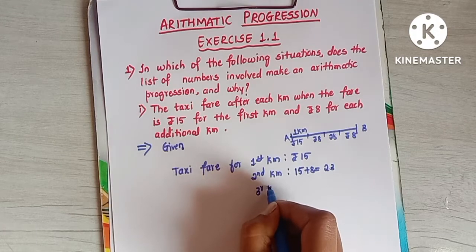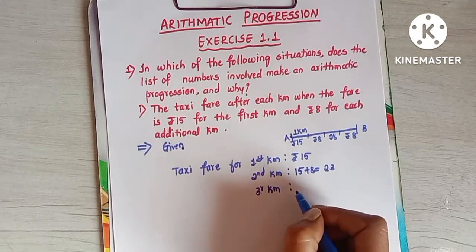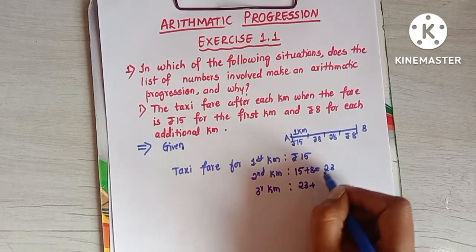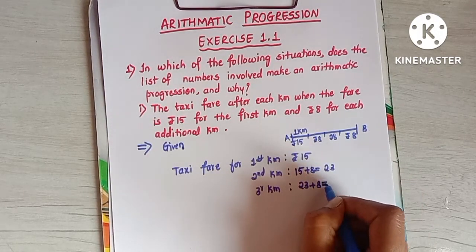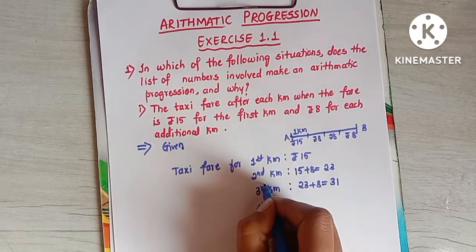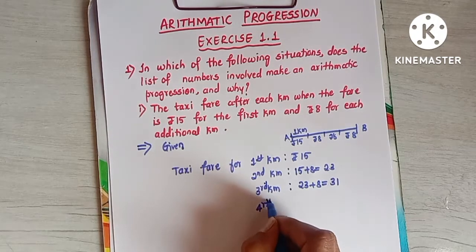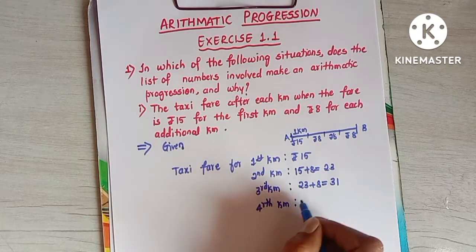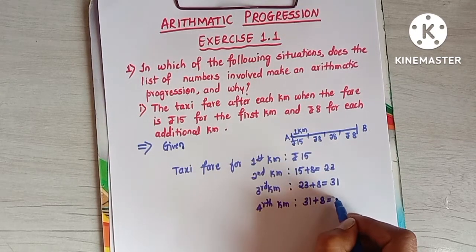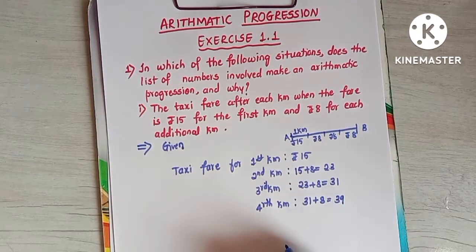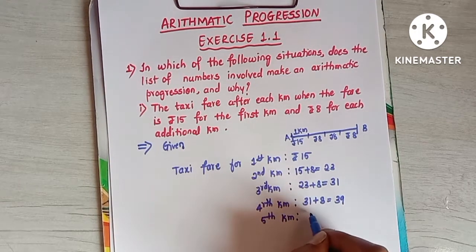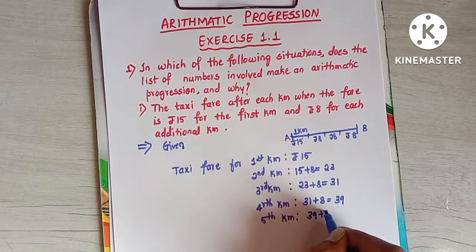For the third kilometer, the taxi fare will be 23 plus 8. So this will be 31. For the fourth kilometer, the taxi fare is 31 plus rupees 8. This will be 39. For the fifth kilometer, the taxi fare will be 39 rupees plus 8.